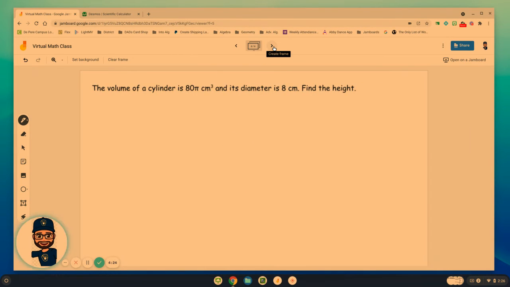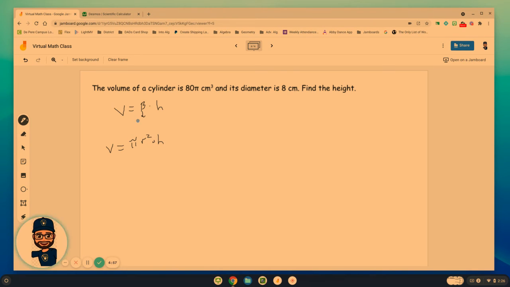All right, the last one we have to kind of work backwards now. The total volume of a cylinder is 80 pi cubic centimeters, and the diameter is 8 centimeters. Find the height. So we know volume for a cylinder is capital B times H, but more specifically, we can change the B because the area of the base will always be pi r squared, times the height.